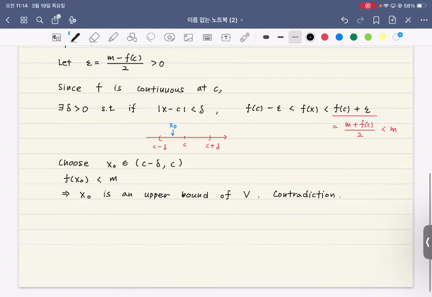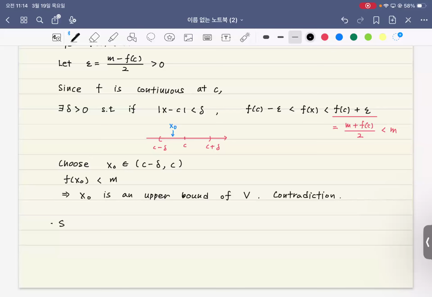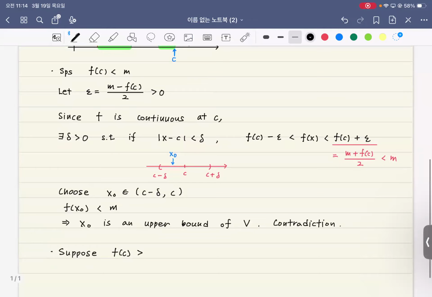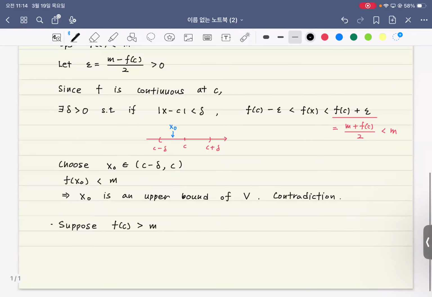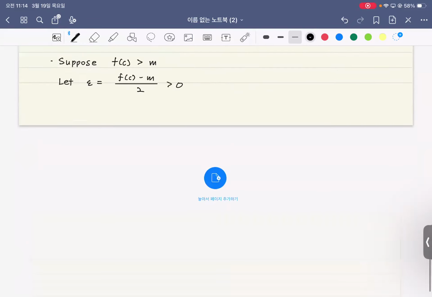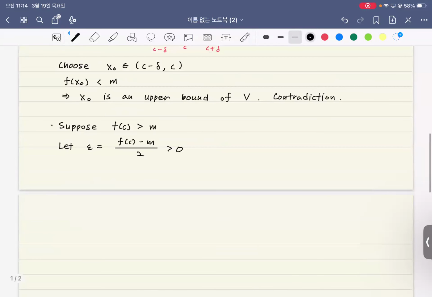All right, what's next? Now we suppose that f of c is greater than m. Likewise, we choose our epsilon to be (f of c minus m) over 2, which is still positive.